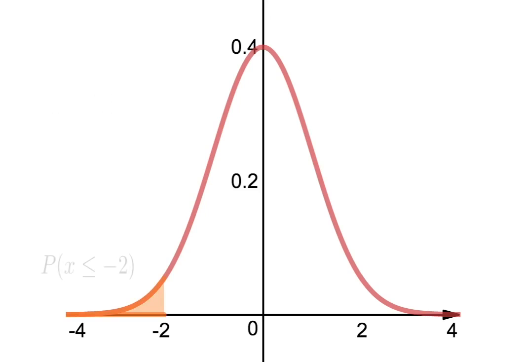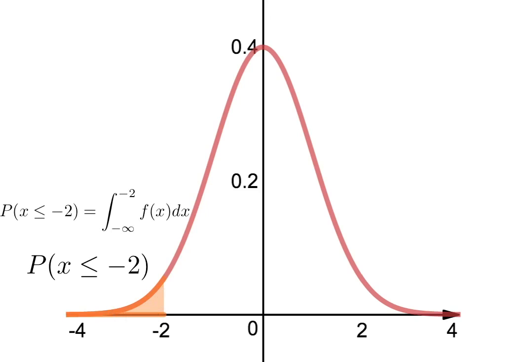Using this normal distribution, I want to calculate the probability of x less than or equal to negative 2. This means the probability is equal to the area of the region underneath the curve from negative infinity to negative 2. So the probability of x less than or equal to negative 2 is equal to the improper integral from negative infinity to negative 2 of f of x dx.